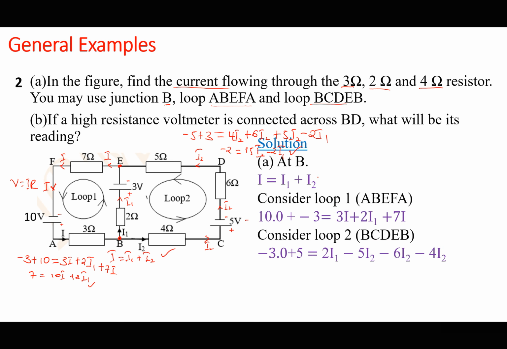So at B, we saw that I is equal to I1 plus I2. That was the first equation. Then we also got 10 plus negative 3 equals 3I plus 2I1 plus 7I, which was 7 equals 10I plus 2I1.